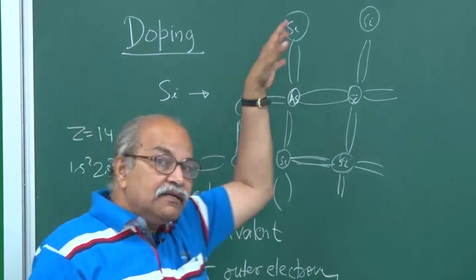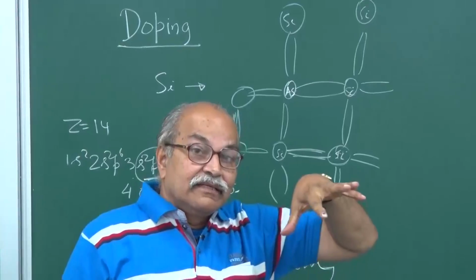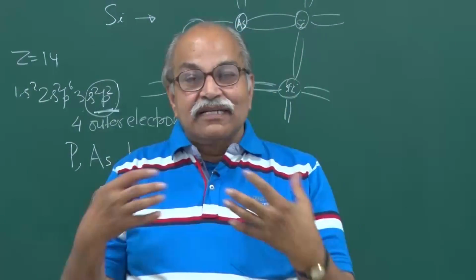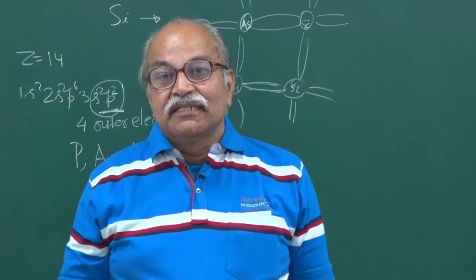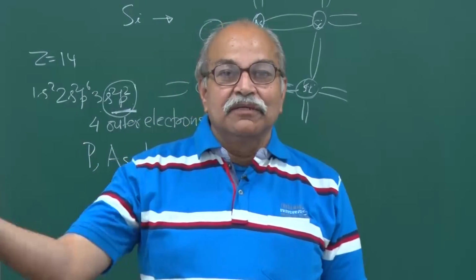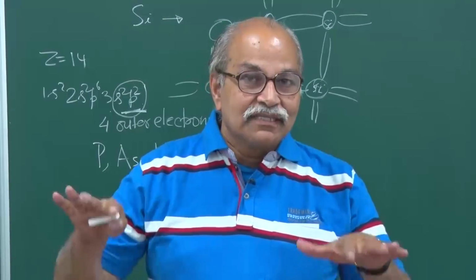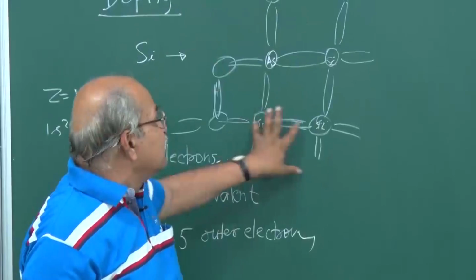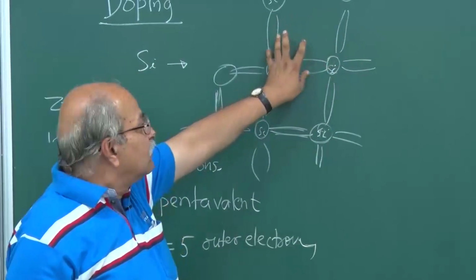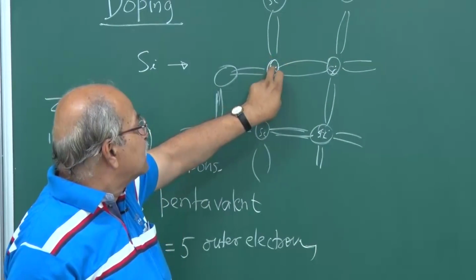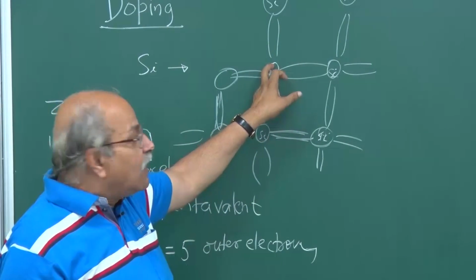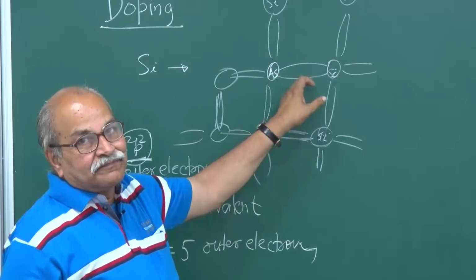In this kind of crystal structure, the minimum energy configuration is when 4 electrons go into sp3 quantum states and take part in bonding. Since the crystal structure is still the same, 4 of the outer electrons of arsenic will again go into the bonding.